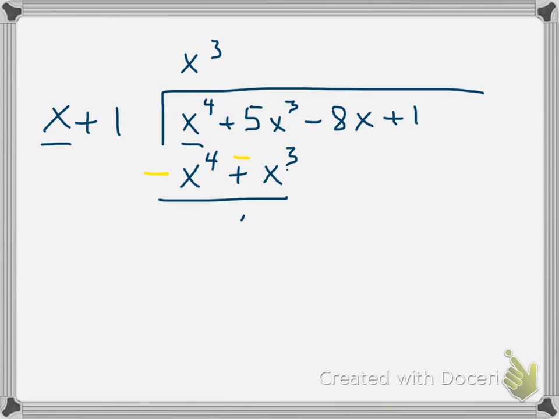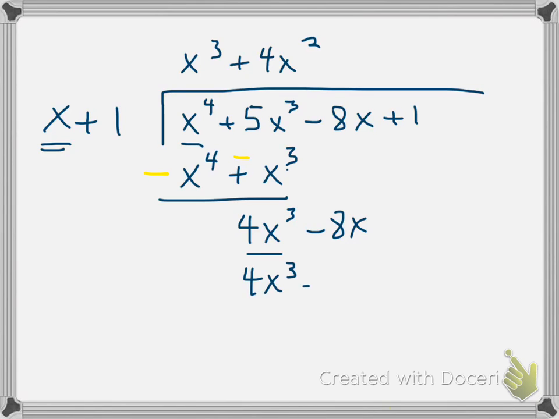And that gives us 4x cubed minus 8x. Right? Now, x goes into 4x cubed plus 4x squared, right? And then when we distribute there, 4x squared times x plus 1 is 4x cubed plus 4x squared.